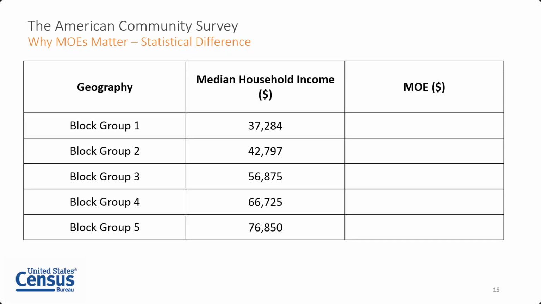With just this information on the screen, the estimates alone, you probably conclude that block group 1 has the lowest median household income of $37,284, and that block group 5 has the highest median household income at $76,850. However, we are missing some important information in the MOE column. So adding in the margins of error to the table, we see a different picture.